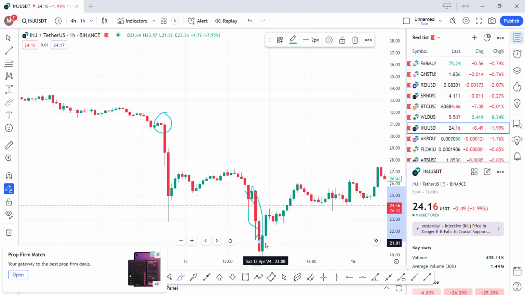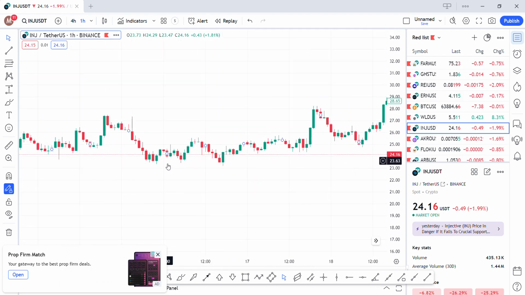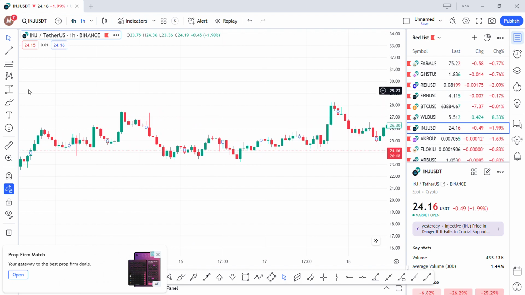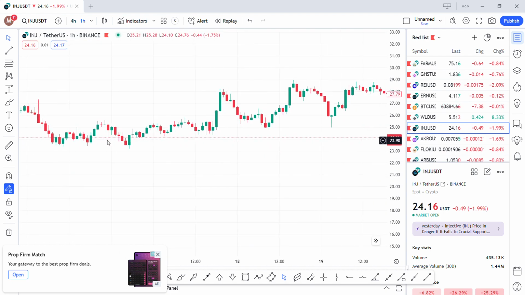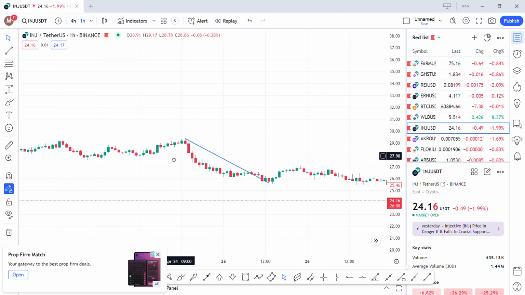Even though buyers come to push, it still gives power to the downward move, because sellers dominate the market. And if you look at this, we discussed ranging. This market here is actually ranging. It's not going up too much, not going down too much. It's ranging, sideways trading.